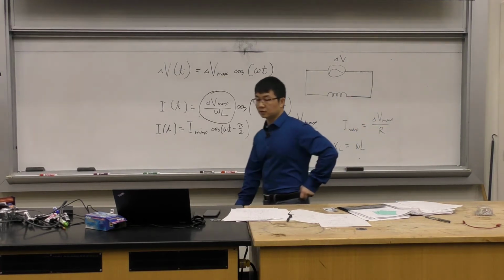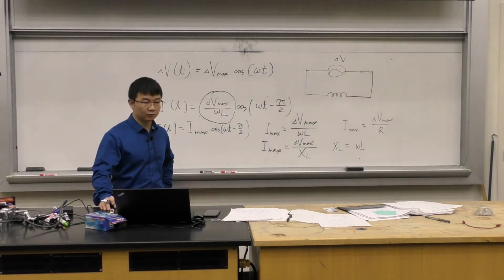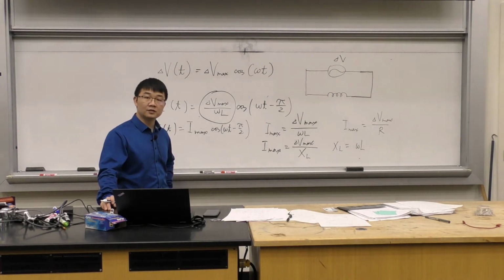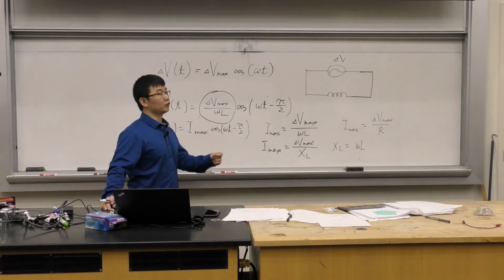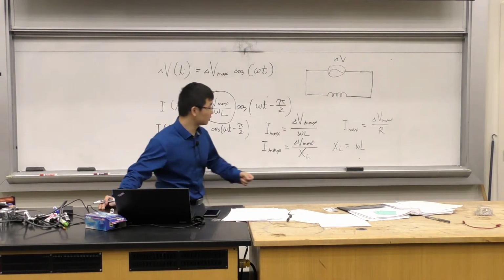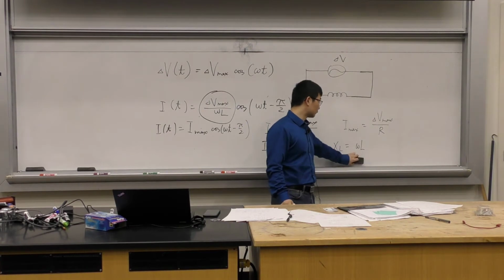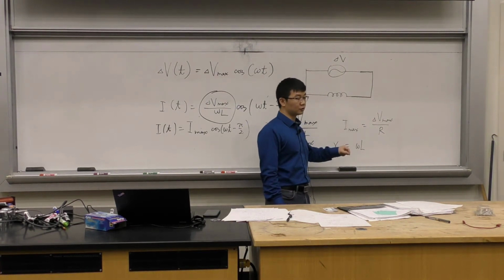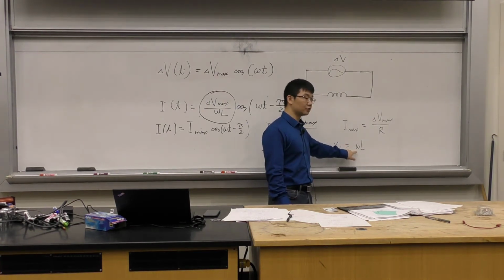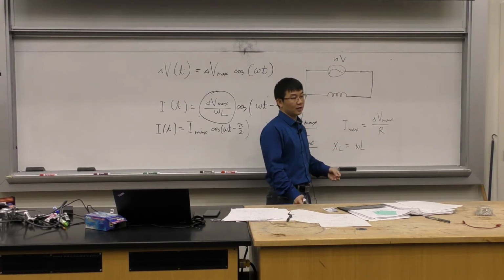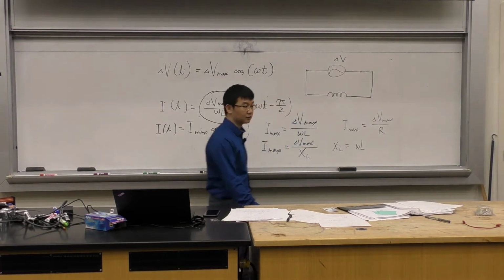You can think of this reactance as the equivalent resistance of an inductor in an AC circuit. So the inductor behaves like a resistor in an AC circuit. The difference is its equivalent resistance is calculated using this equation, but it depends on the source. If you connect it to a different source with a different angular frequency, this value can change. It's very interesting. It just has a varying resistance.